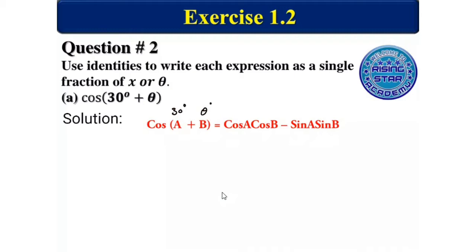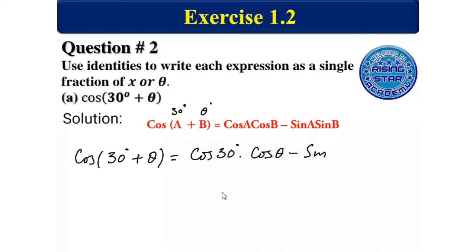So I would write cos of 30 plus theta is equal to cos of 30 into cos of theta minus sine of 30 into sine of theta.